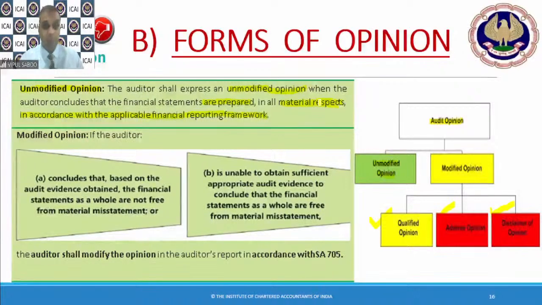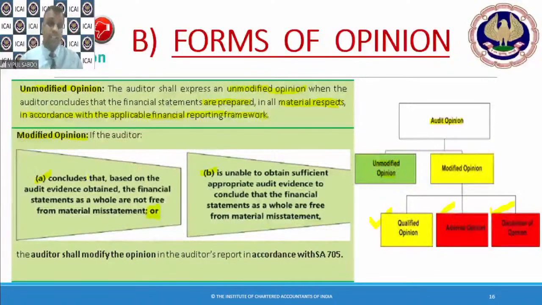That is unmodified opinion. Now, switching over, what does the modified opinion look like? So here we have modified opinion. There are two cases and there is an 'or' between them. I hope you all can see the 'or'.